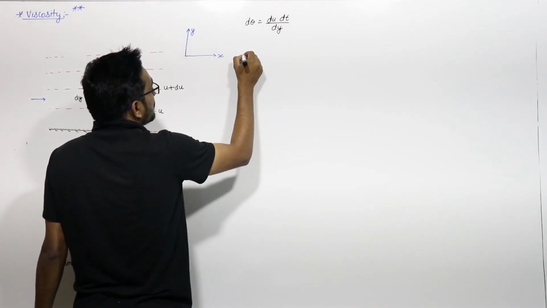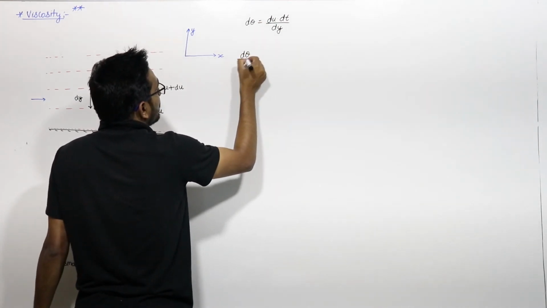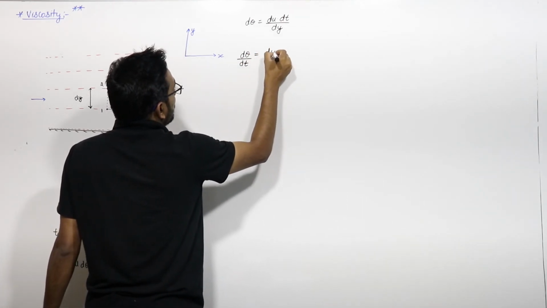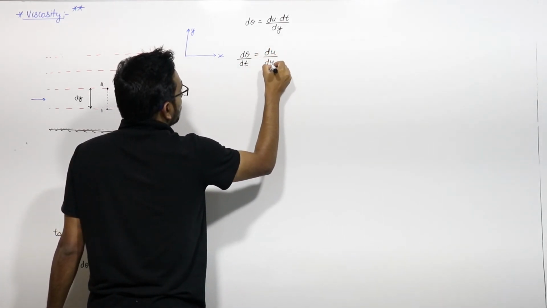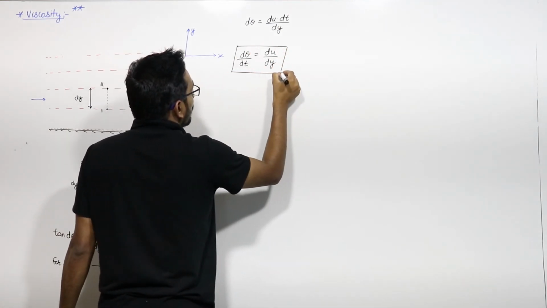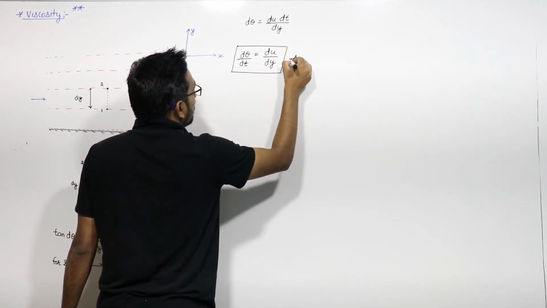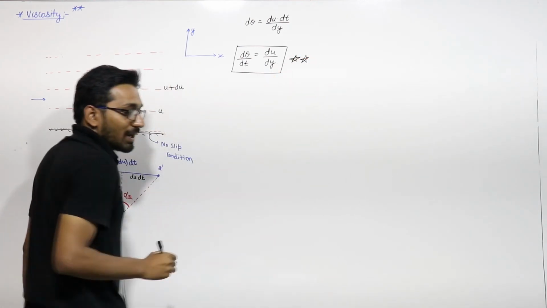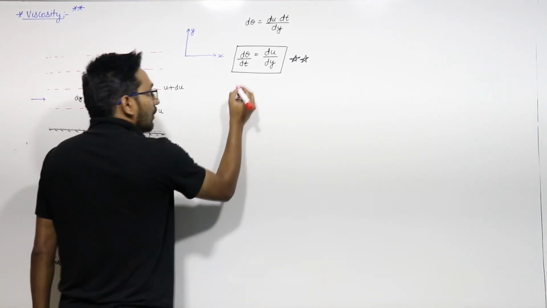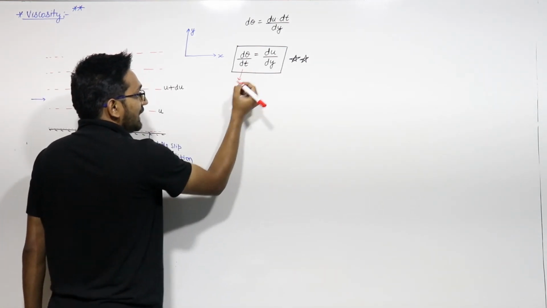And if you rearrange it, you will get d theta by dt is equal to du upon dy. This is the important relation of fluid mechanics. What is this d theta upon dt?